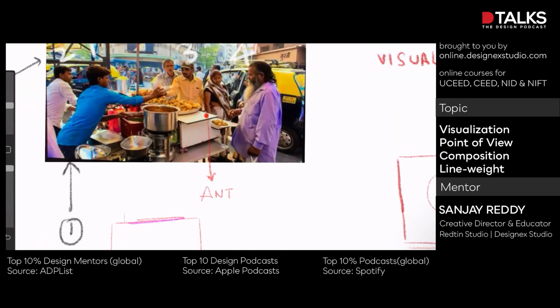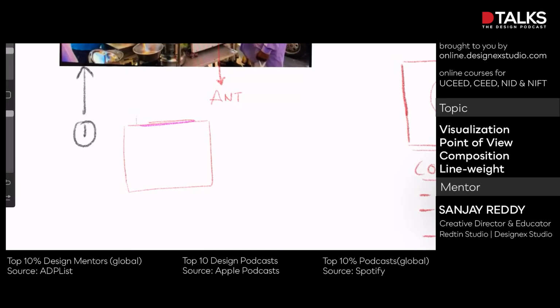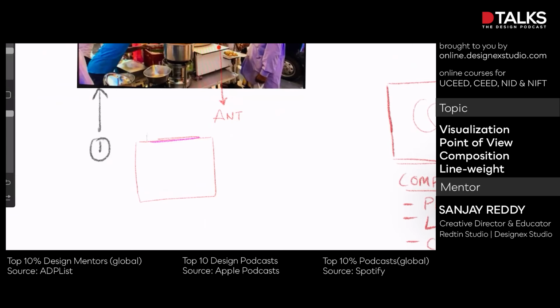Now, this ant is looking most probably like this. You have to draw it from an ant's eye perspective. So what would you see is the question. What would you see? Students make the mistake of making something like this. Okay, a small head and a big body and a lot of this.